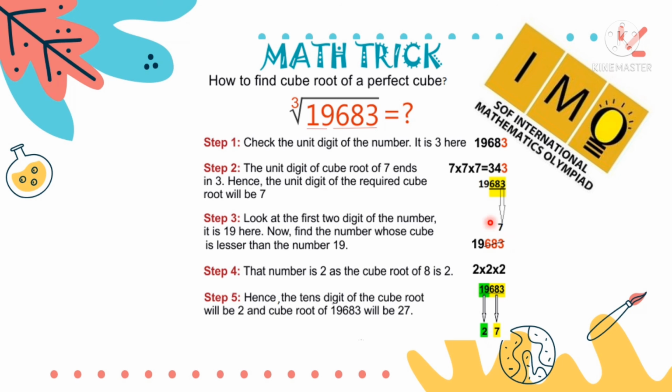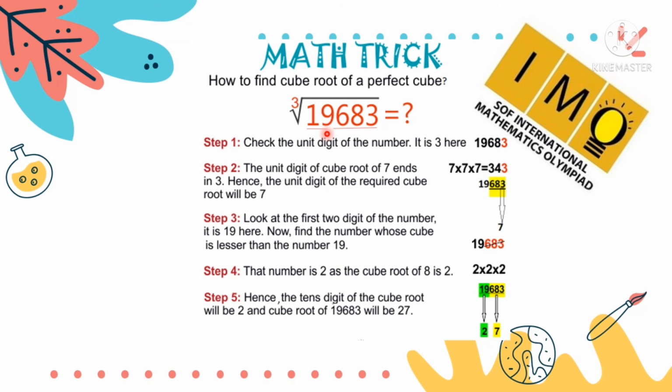Now whatever number is left, look at that number, the first two digits. It is 19 here. Now find the number whose cube is less than 19. 19 lies between 2 cube, which is 8, and 3 cube, which is 27.